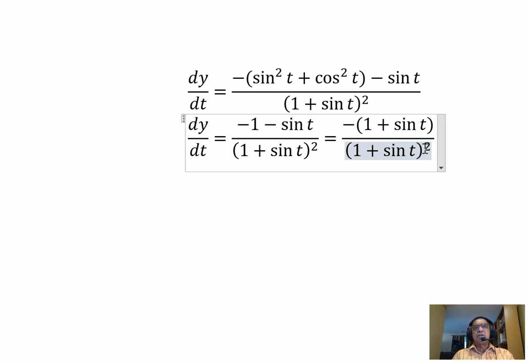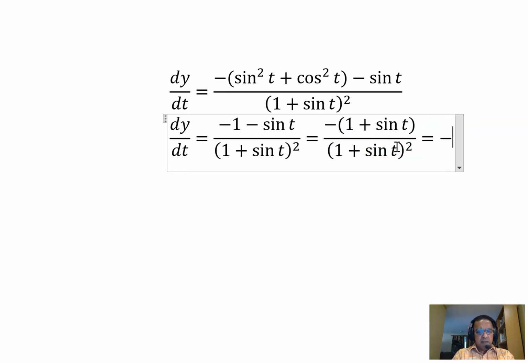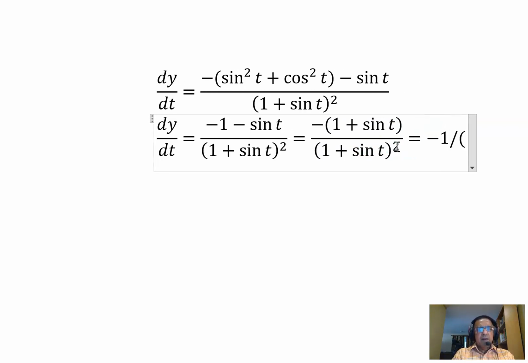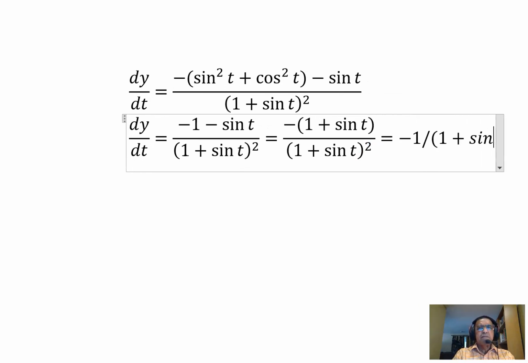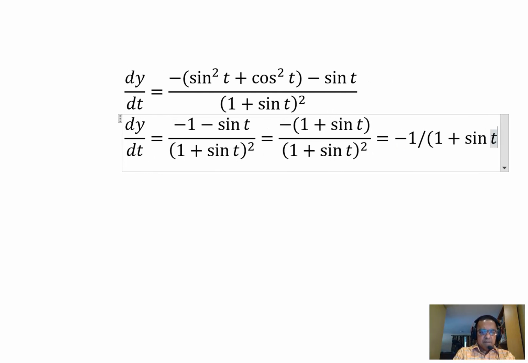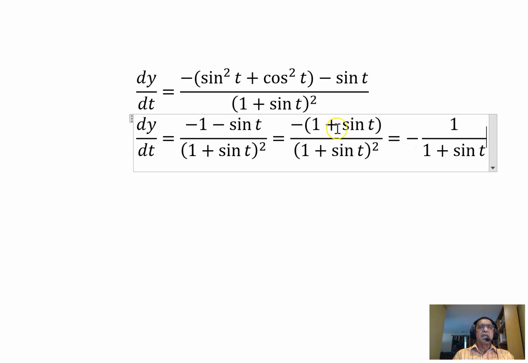Now you can see there's a common 1 plus sine t, so one of the 1 plus sine t factors will cancel out, and your final answer will be negative 1 divided by 1 plus sine t. Once again, 1 plus sine t is common to both, so one of them cancels, and that's your answer.